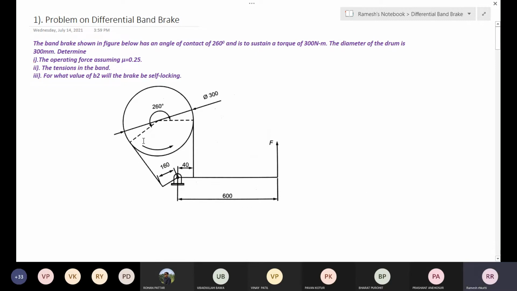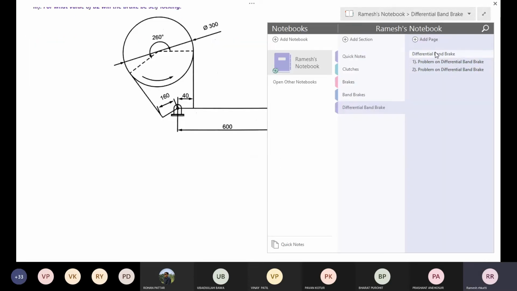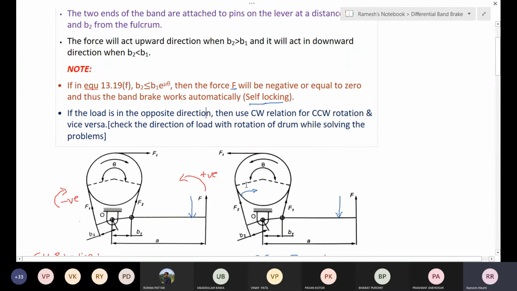You need to see which is F1 and which is F2. See here, if the drum is rotating in anti-clockwise, here you will have the tight side and this will be the slack side.